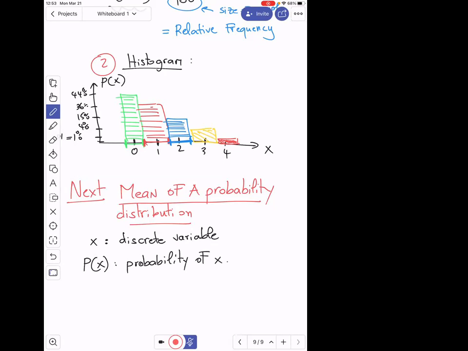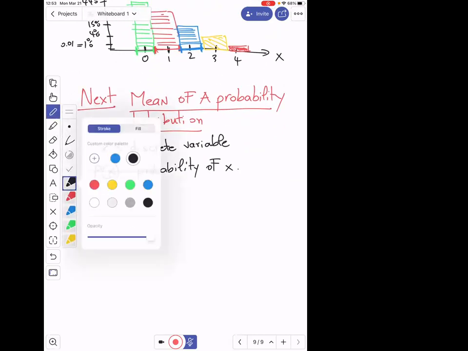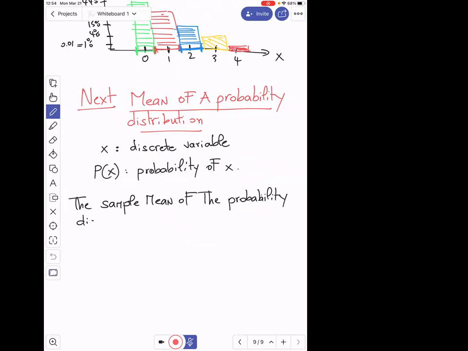Then we have the mean, the mean of this probability distribution, x bar. Again, x bar is the notation for the mean.